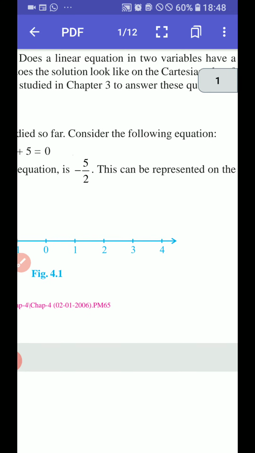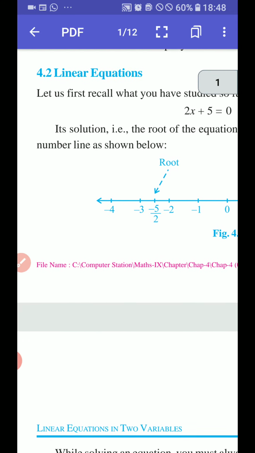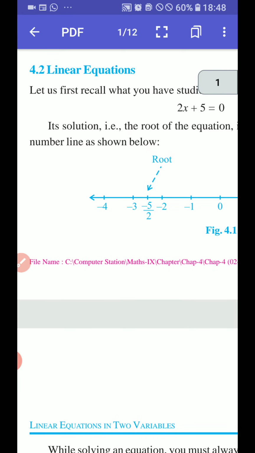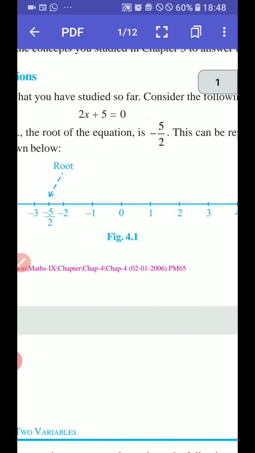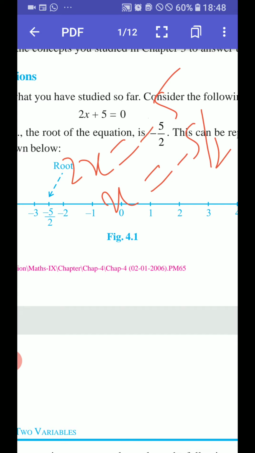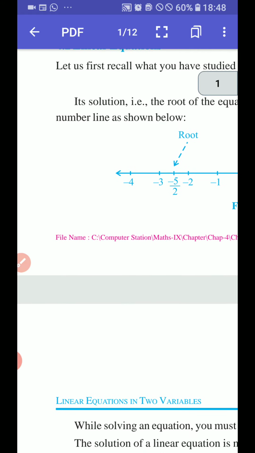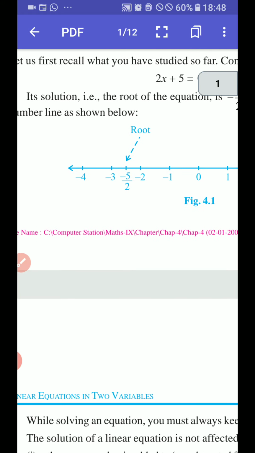Consider the following equation: 2x plus 5 equal to 0. Its solution, that is the root of the equation, is minus 5 by 2. After solving this equation, since 2x plus 5 equal to 0 and 2x equal to minus 5, x equals minus 5 by 2. This can be represented on the number line as shown below.